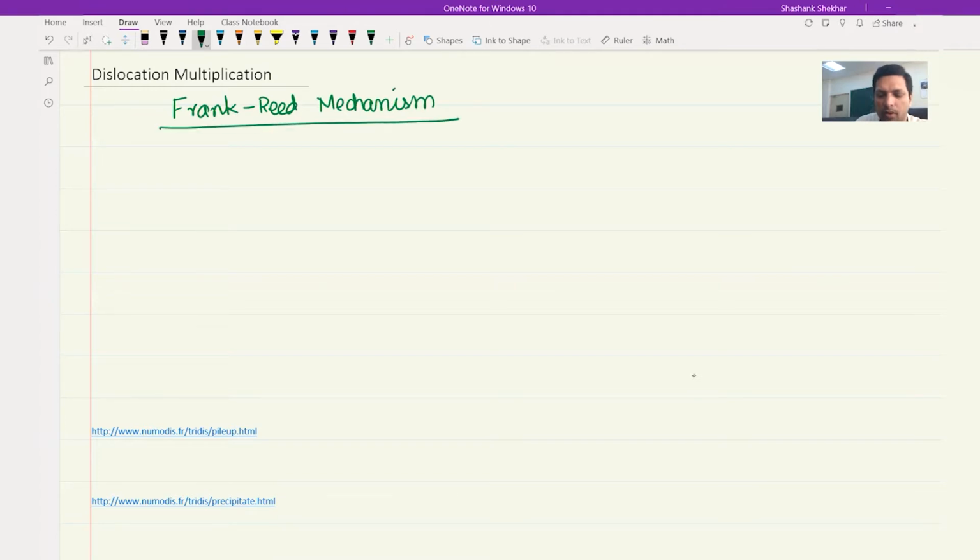What this mechanism says is that, let's say you have a dislocation which is pinned at 2 points. The rest of the dislocation must exist somewhere else, so this is only part of the dislocation, and we are only looking at the region in between these 2 pinned points. Now, if you apply a stress such that the dislocation has to extend in length, it will look like this.